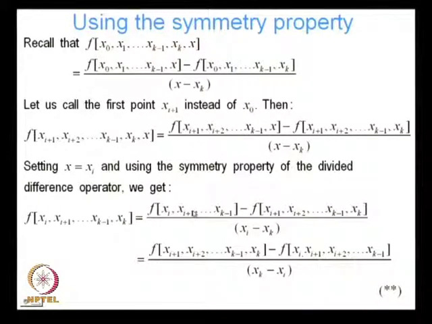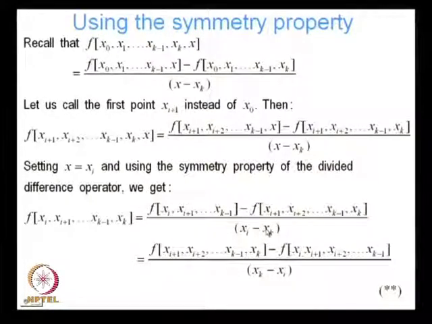So I have f of x0 x1 minus f of x1 x2, the next term from x1 up to x2, divided by x2 minus x0, or is that right? Let's see, x0 minus x2.